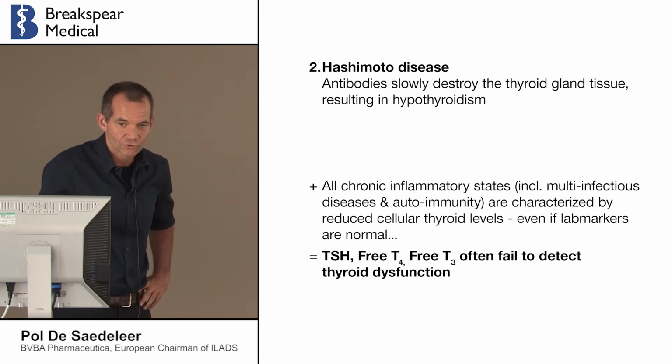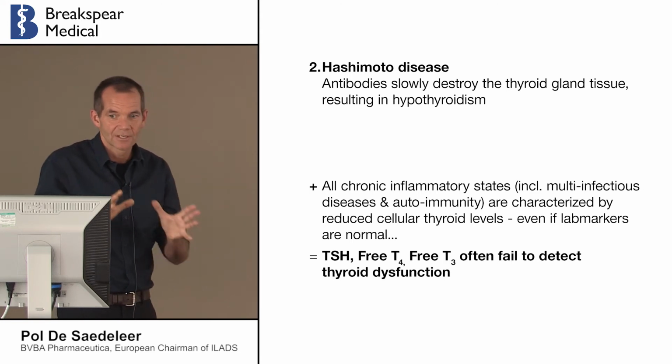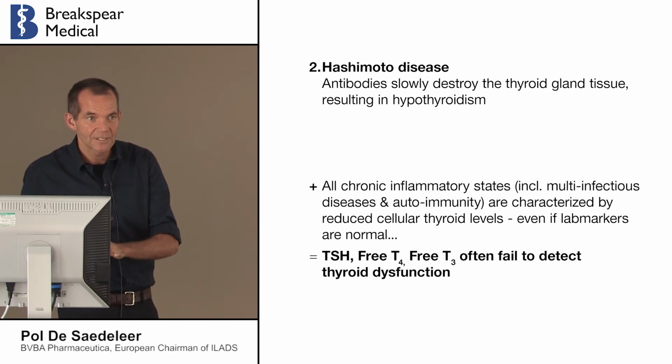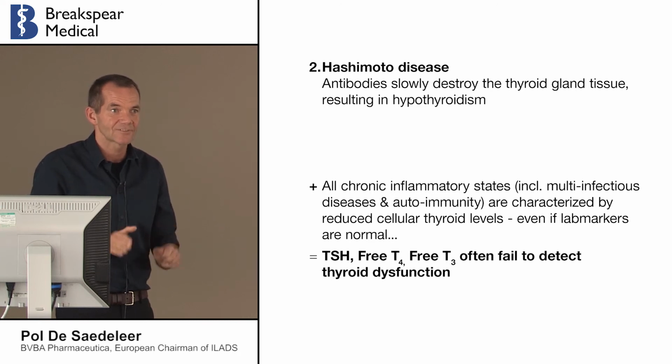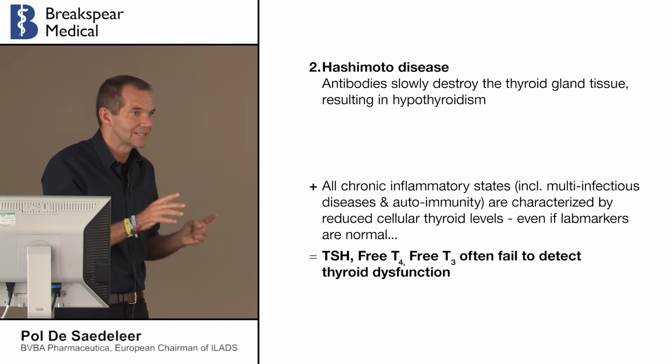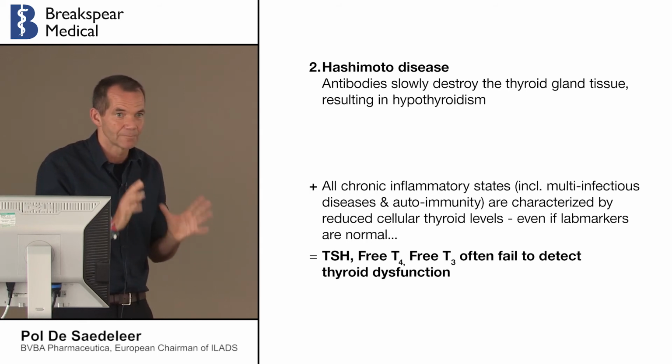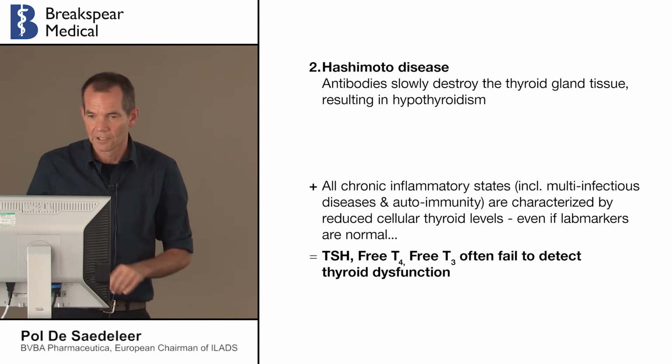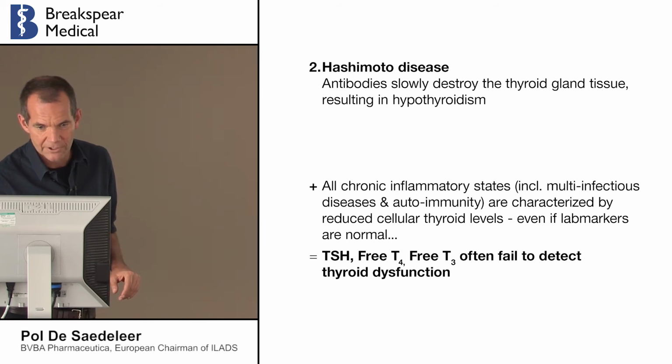So it's important to know that TSH, T4 and T3 often fail to detect hypothyroidism. So good observation of the clinical symptoms is very, very important. Don't rely only on your lab markers.